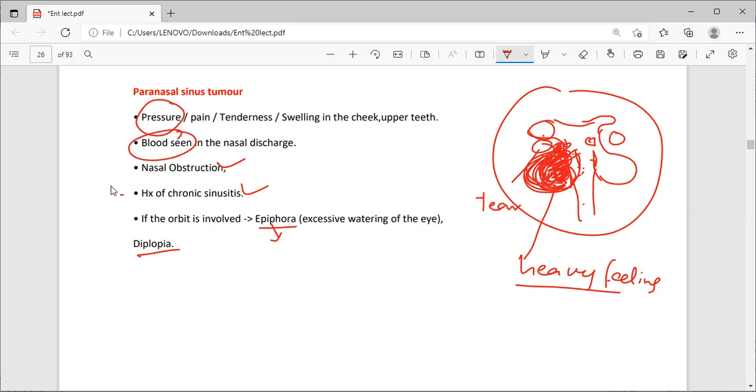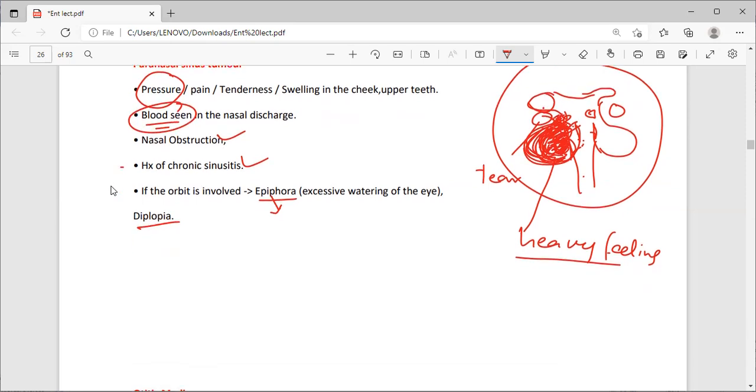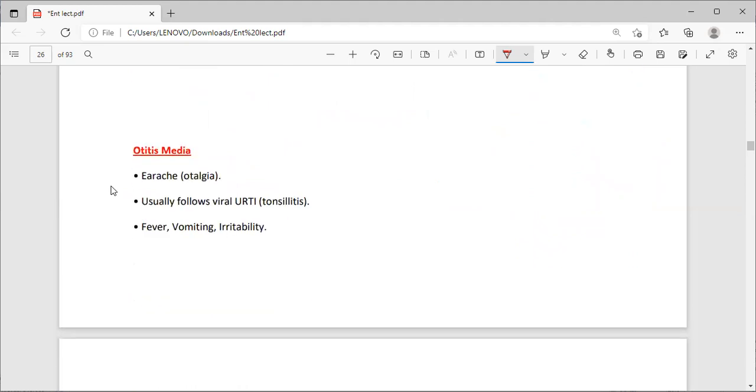Blood could also be seen in the nasal discharge. So if a patient comes to you with chronic sinusitis, you have to exclude a paranasal tumor. Now let's move further to otitis media.